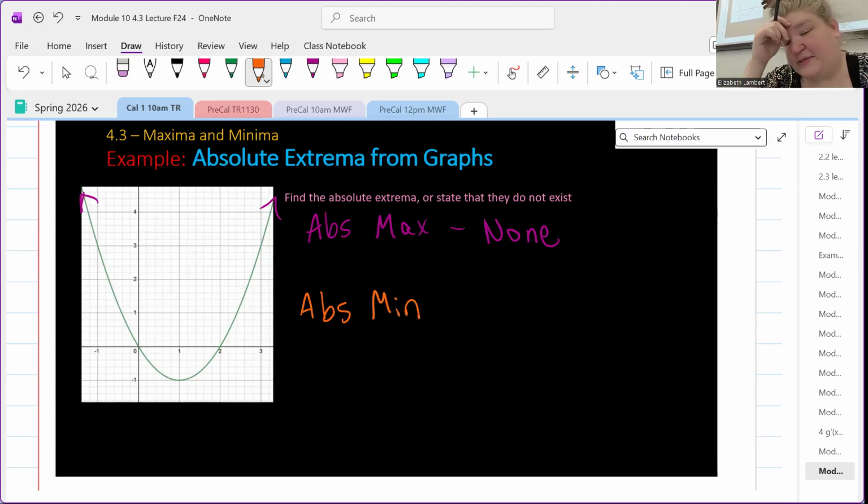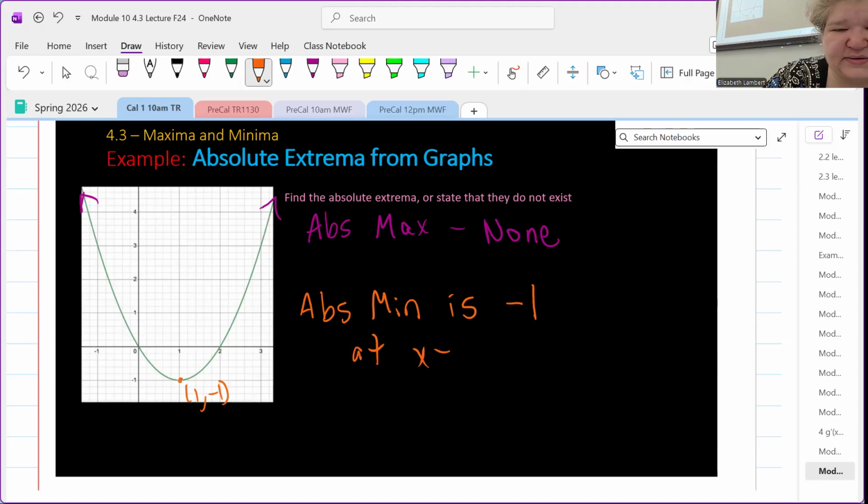Now, what about our absolute min? So our point on the graph for the min is at 1 comma -1. So we would say the absolute min is -1 at x equals 1.